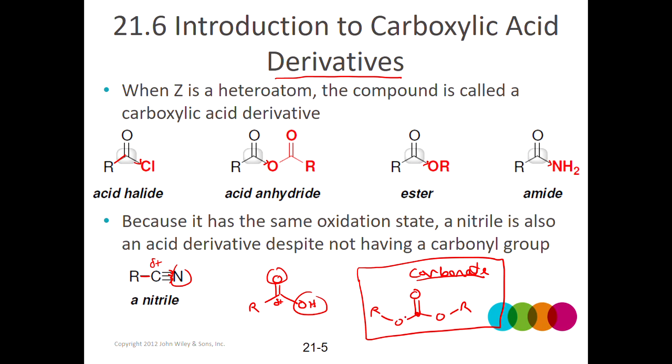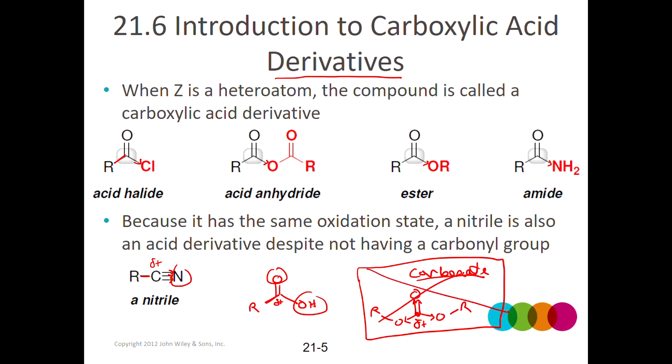If I bond that carbon exclusively to elements that are more electronegative than it, it's only going to have even more positive. The oxidation state on this carbon is a +4 because it doesn't really have any electrons assigned to it. They're all being pulled away from another atom. So the R group here, at least the R group and the carbon have the same electronegativity, so that carbon is only going to have a +3 oxidation state when at least one of these electrons will be assigned to it.